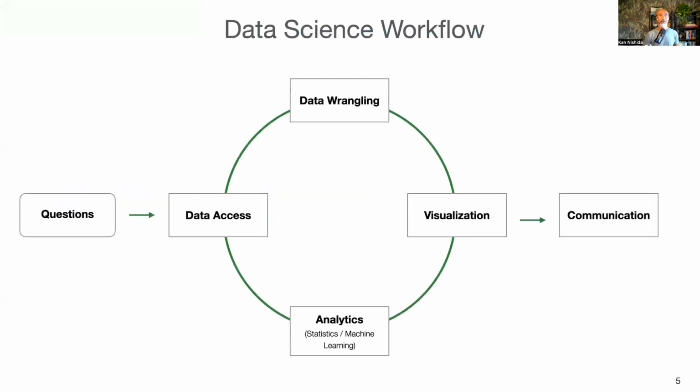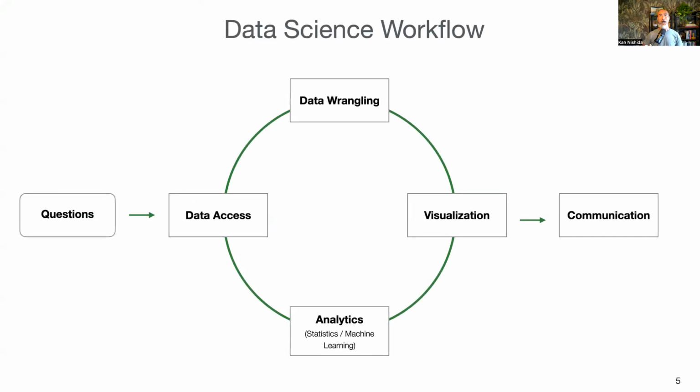Okay. When we say data science, we usually use this workflow. Typically, you start with the business questions, or it doesn't have to be business questions, you start with the questions of the world, and then you want to access the data to answer the questions.